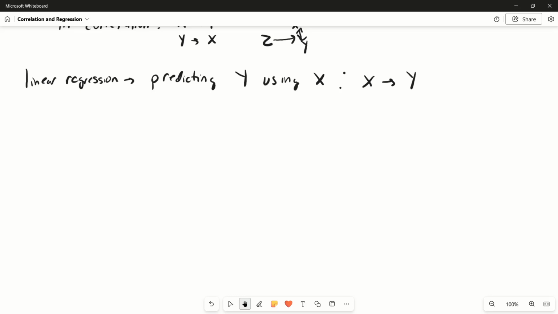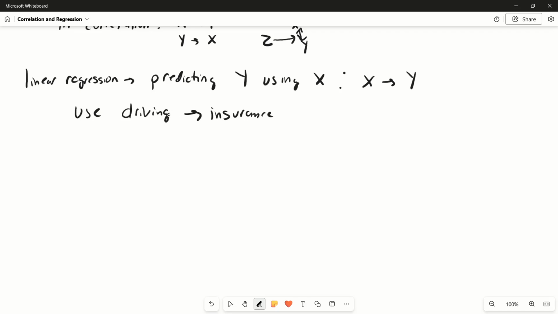So linear regression is you're using one variable X to predict another variable Y. So in this example, I can use driving experience to predict insurance cost. So my X is driving, my Y is insurance.